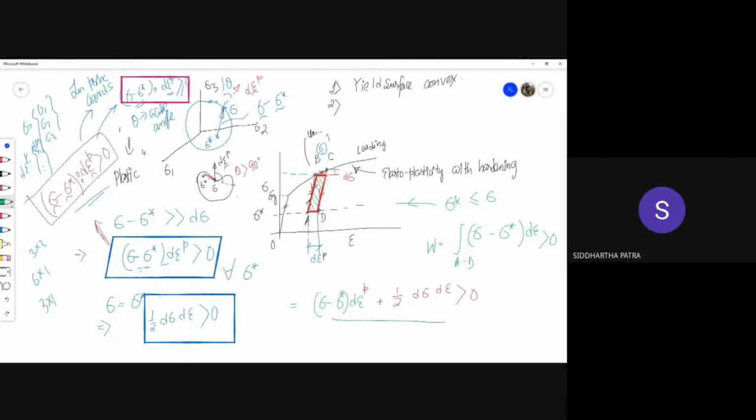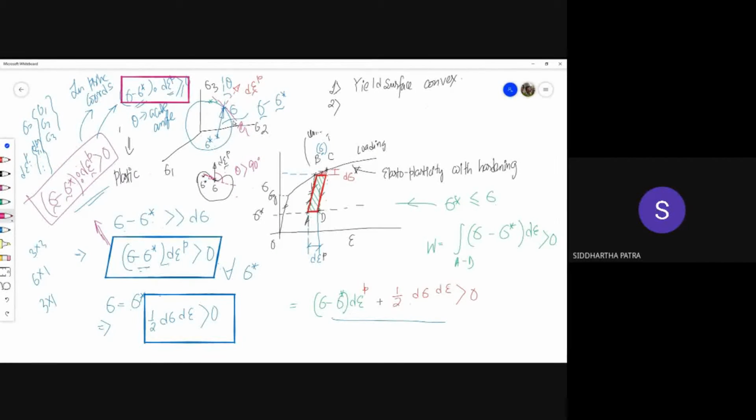If you draw a tangent at sigma, let's call that tangent et.